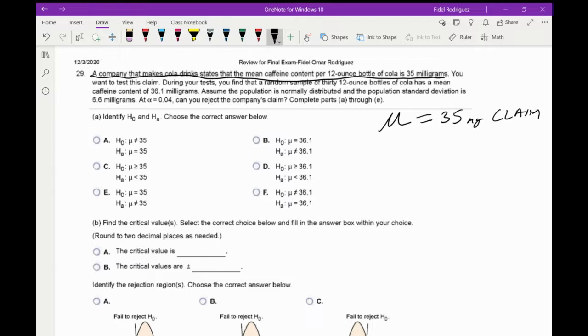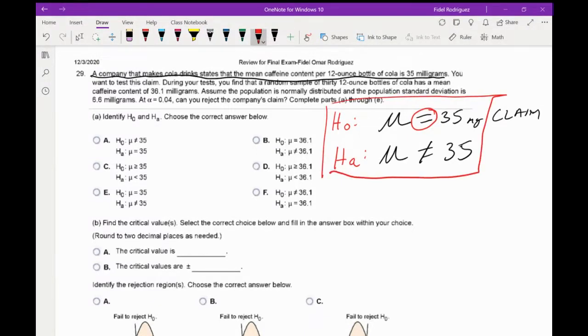This is my claim, right? So now we have to say, what's the opposite of saying something is equal to 35? We would say something is not equal to 35, right? Okay. So now, guys, remember the null is always the one that has the equal to part. So the alternate is going to be the other one.